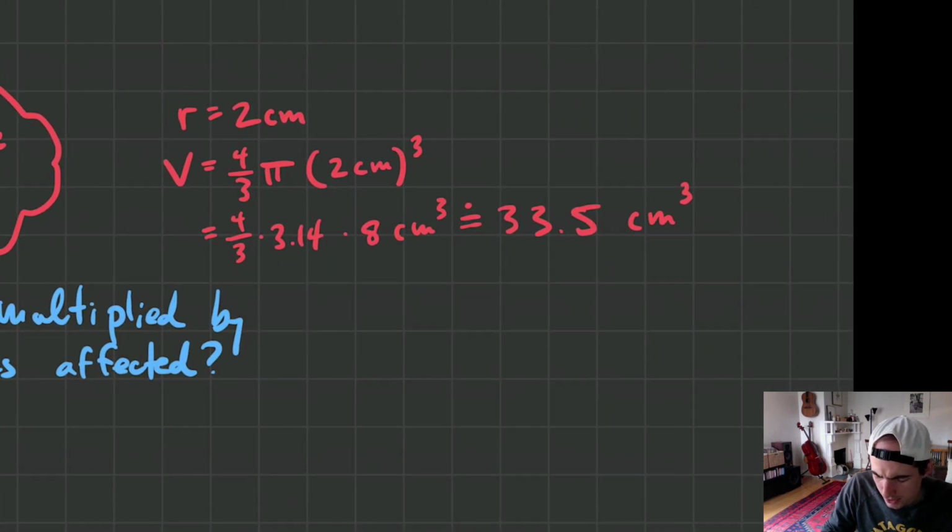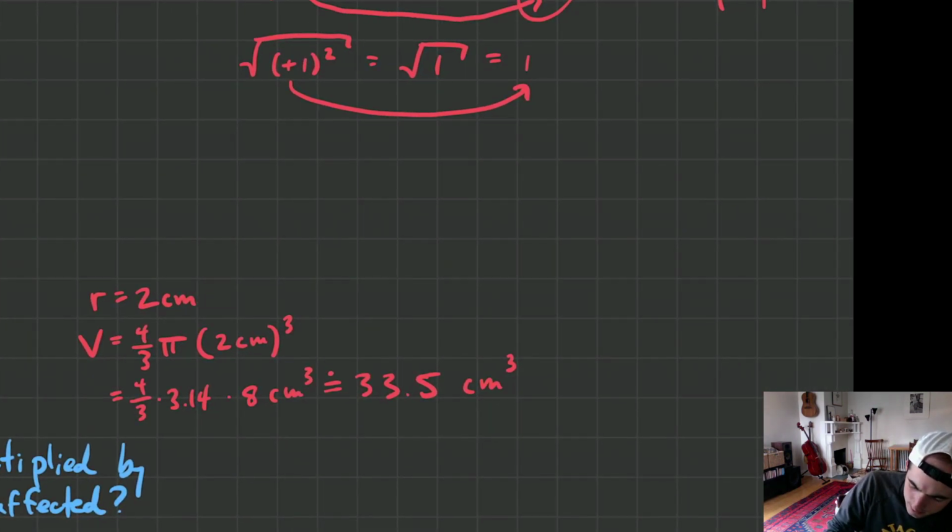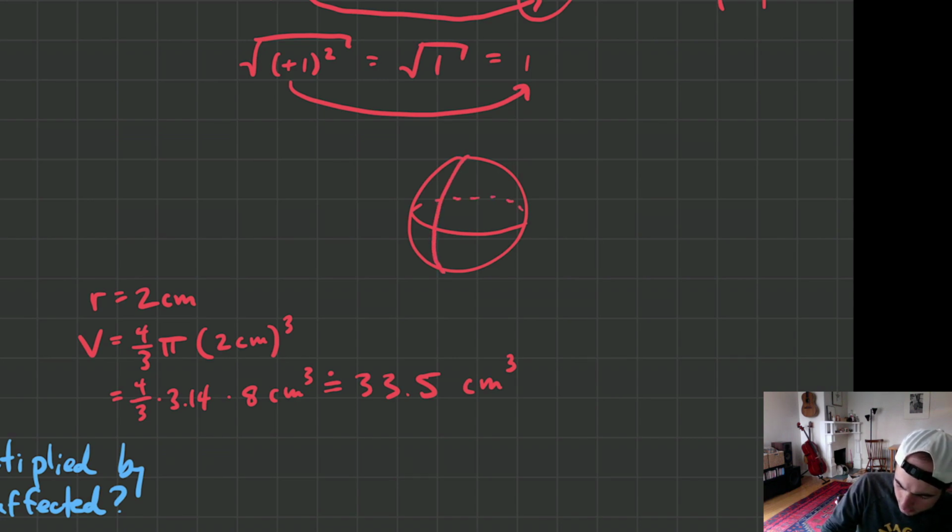So you can imagine that as the radius changes, the volume changes as well. I guess that's kind of obvious, but if it's not, here's a nice little sphere. You can imagine a three-dimensional looking sphere like this. Here's the center of the sphere right here.